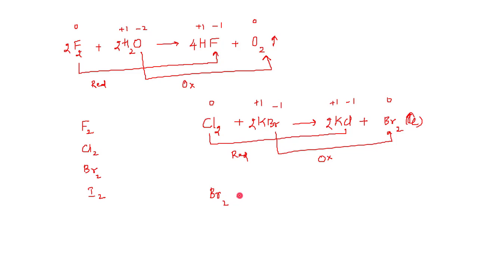So Br2 plus 2KI, you will get 2KBr plus I2. It will be available in solid form, right? So what is happening is, a less reactive non-metal is displaced by a more reactive non-metal from their compounds. Okay, so these are all examples for displacement redox reactions.